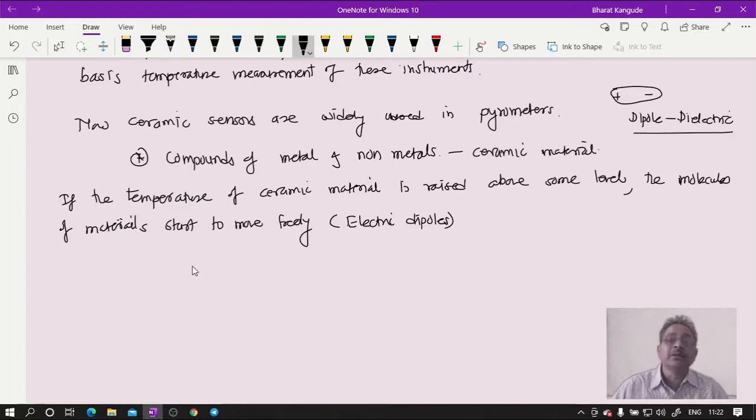Okay, characteristic: the dipoles try to move freely, rotate freely.